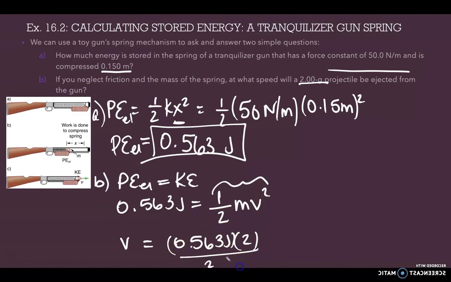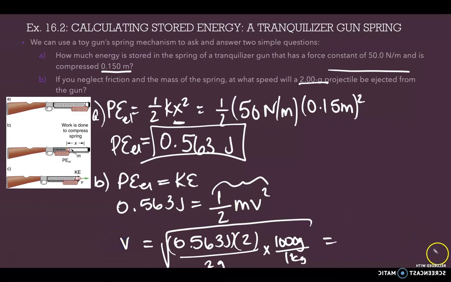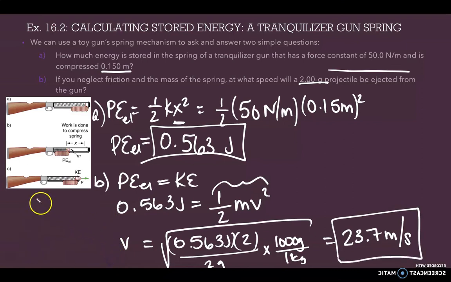So I'm going to go ahead and put 2 grams, but then we need it in kilograms. So we need to say 1,000 grams per kilogram, and then square root that. And we should get 23.7 meters per second. So that is our velocity of that projectile being ejected.